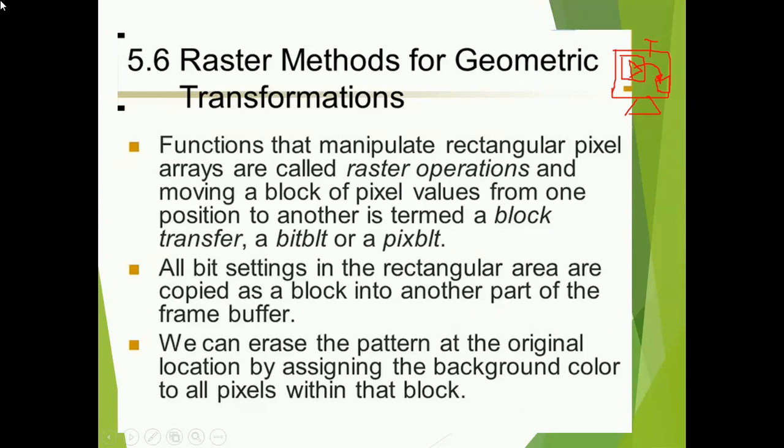Remember that you are moving the block of pixel values from one position to another position. We call that process block transfer, bit block transfer, or pixel transfer. All bit settings in the rectangular area are copied as a block into another part of the frame buffer.